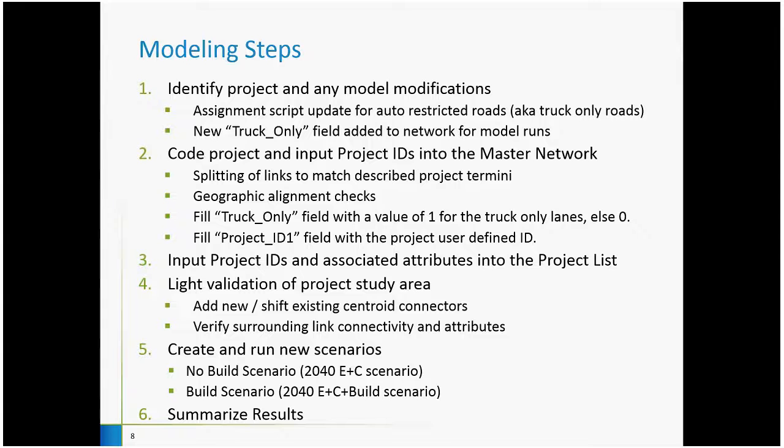What that means is we only wanted to be able to assign trucks, the truck class, to certain roads and not allow autos on these facilities. So the assignment script was updated to restrict the auto class from utilizing a selection set of roads. To do that, we added a truck-only field to the master network, which is a flag field of either 0 or 1, and the 1 reflects those links that are truck-only.